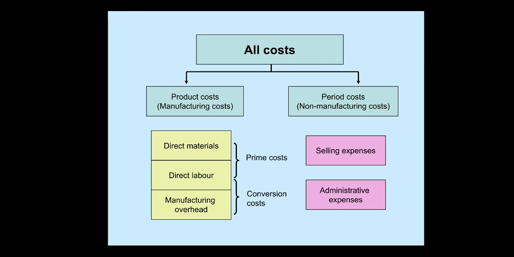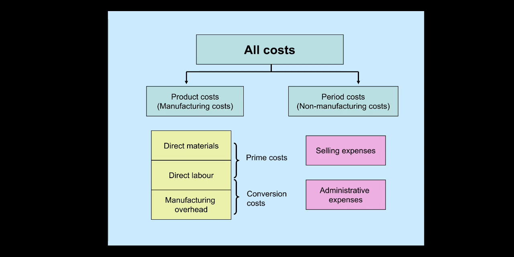Direct labor cost plus manufacturing overhead cost equal to conversion cost. Why do we call direct labor cost and manufacturing overhead cost conversion cost? Because in a factory, you need the labor and overhead to convert the raw material to become a finished product.